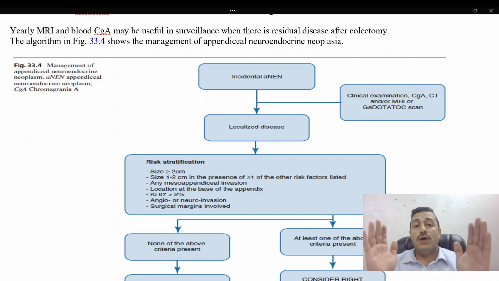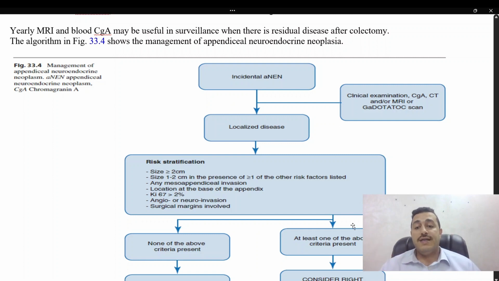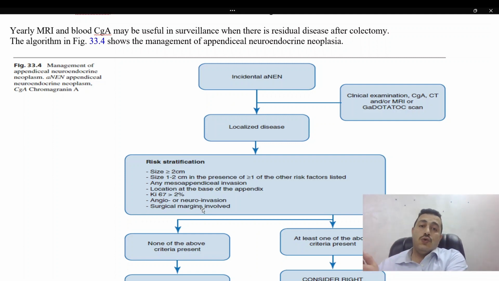Between 1 and 2, we have to look for these criteria: the mesoappendix invasion, location at the base, Ki 67 more than 2%, angio or neuroinvasion, or surgical margin is involved. If it's between 1 and 2, and one of these findings is found, we proceed to right hemicolectomy. Above 2, right hemicolectomy without any criteria.